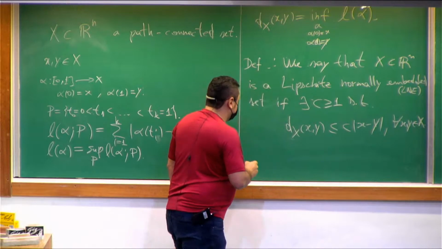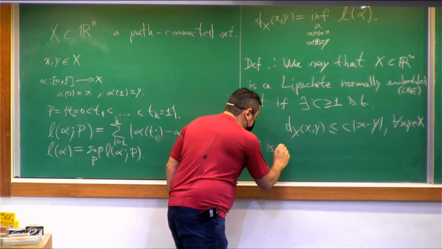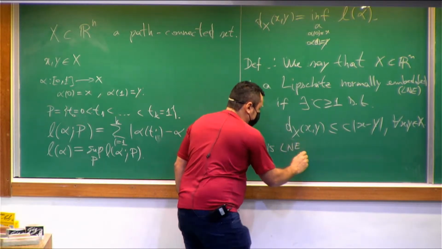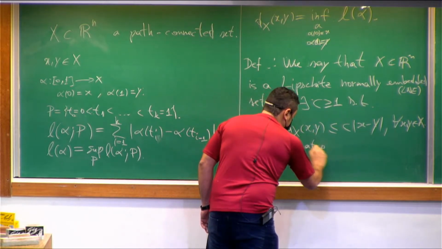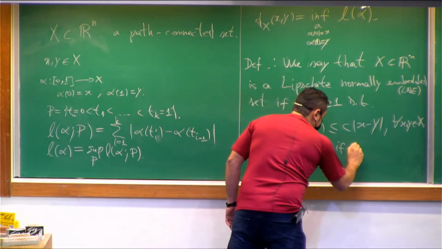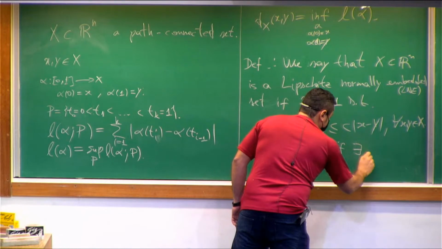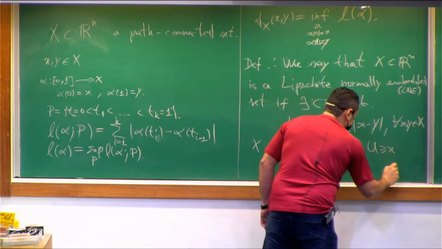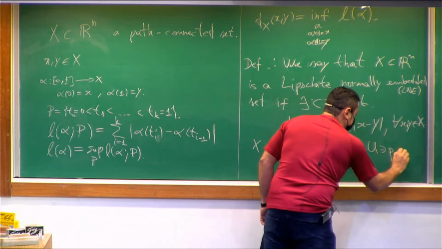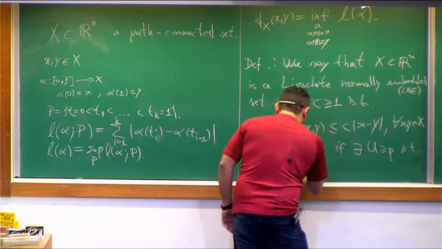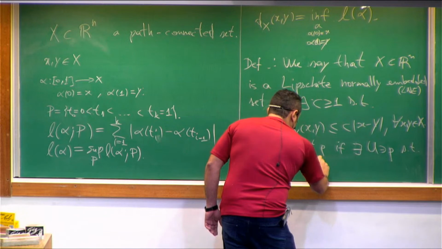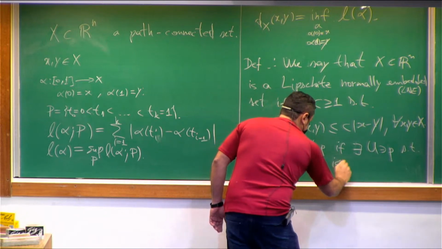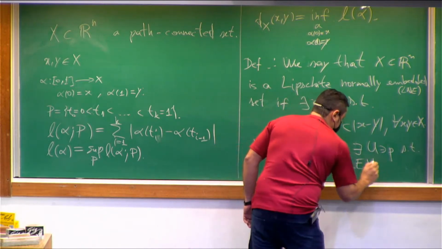And then we can say X is LNE at a point p if there is some neighborhood U containing p such that X intersected with U is LNE.